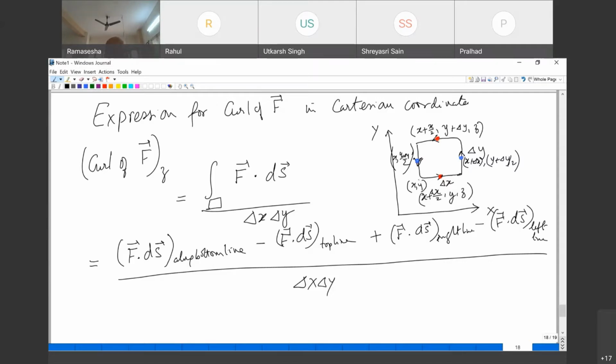So you start from this point, which is x, go horizontally to x plus delta x. The y has not changed. When you come here, it is y plus delta y by 2, whereas here x has not changed when you go up, y only goes to y plus delta y by 2. Is that clear? Clear, sir.